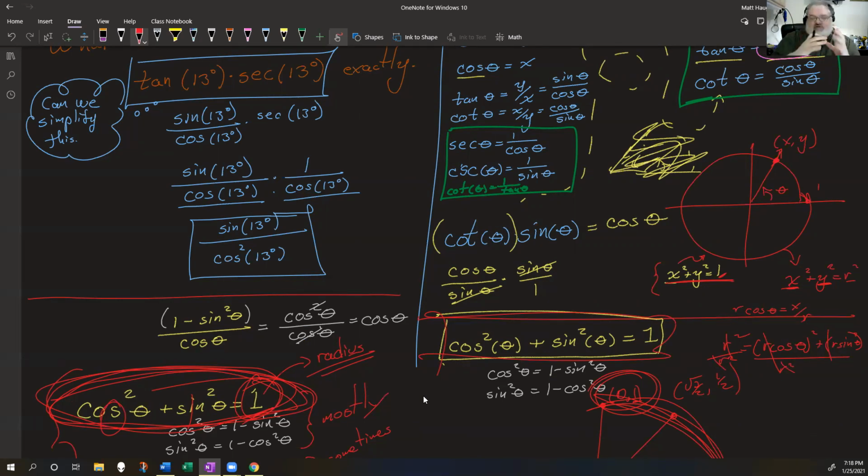Whether we're on the unit circle or not, that always has to be true. Does that help? But yeah, I think the best thing to associate this one with is that radius, if you're looking for a physical meaning for it.